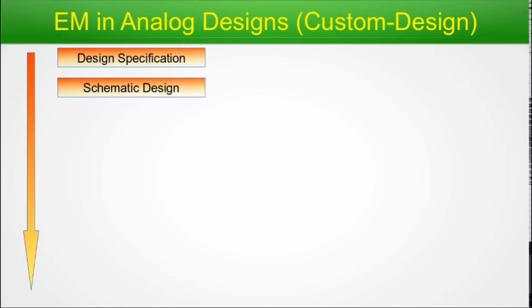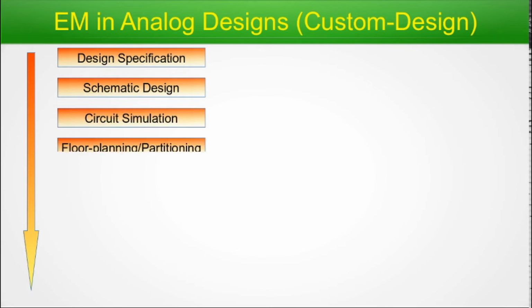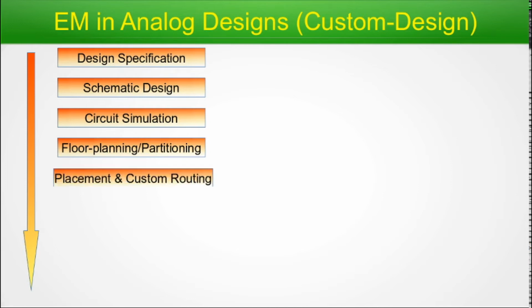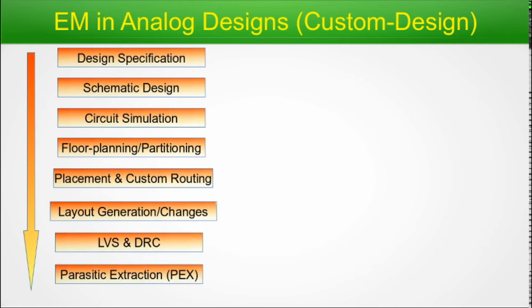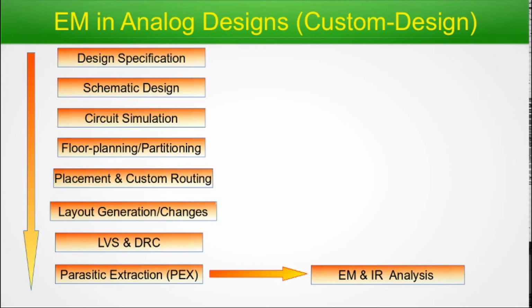Let's first describe the flow and see where EM stands in this entire flow. Design specification, then the schematic design, then basic circuit simulation, which is functional simulation. Then floor planning or partitioning, then placement and custom routing, then layout generation or changes, then DRC and LVS, then we extract the parasitics, also abbreviated as PEX. In the next stage we do the EM and IR analysis.